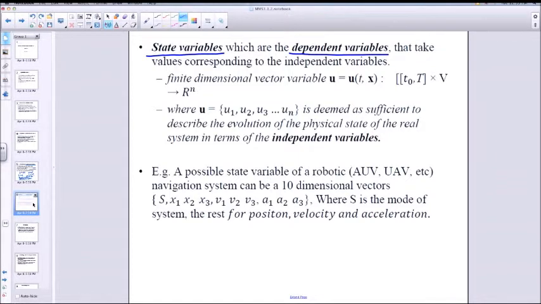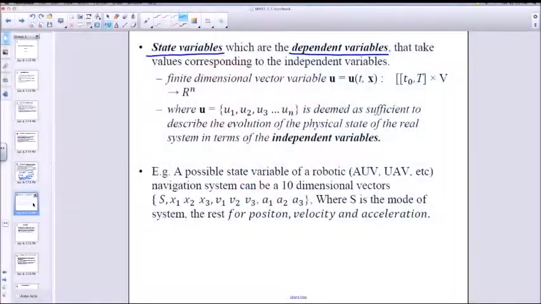Like when you observe a truck is moving, the state variables of the truck could be its position, its velocity, or its steering direction, and so on and so forth. Typically, you have multiple unknown functions in a system.